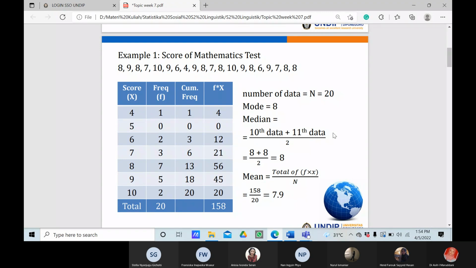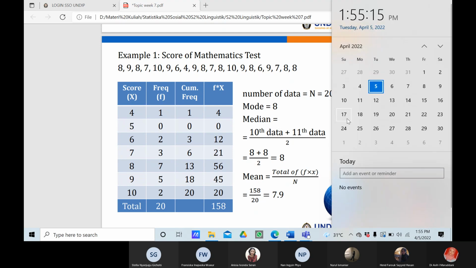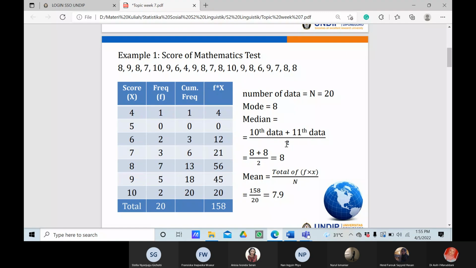We have a midterm schedule, so maybe on 22 April to submit the task. Is 22 April enough for you?